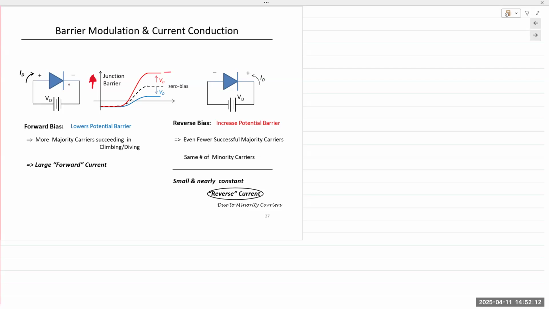When they cross over the junction, they are flowing through the device, and hence we say that current is flowing through the device. And we can control the flow of current by controlling the applied voltage. Reverse bias, the exact opposite happens: it increases the potential barrier because it's pulling everything away. And the reverse current, of course, is only due to the minority carriers.